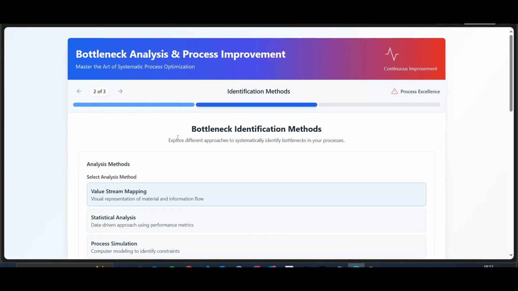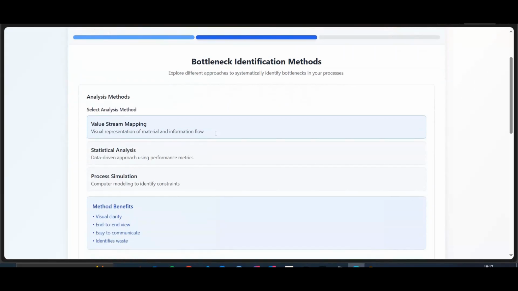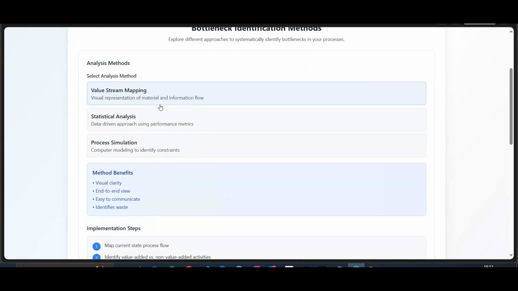Once we understand bottlenecks, the next challenge is figuring out where they are. For that, we have a few common identification methods. The first is value stream mapping. Here we create a visual map of the entire process: every step, every flow of material or information, and we mark which activities add value and which don't. Then we calculate cycle times, check where they are the longest, and pay special attention to where inventory piles up.